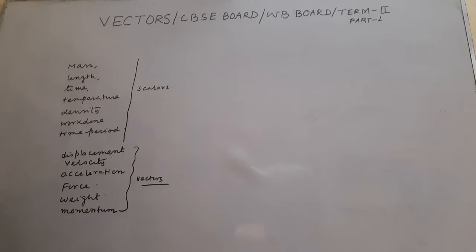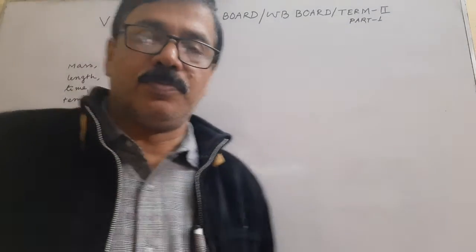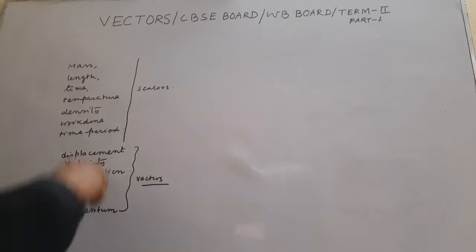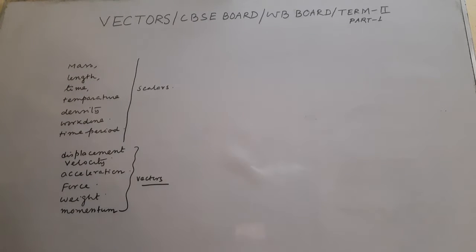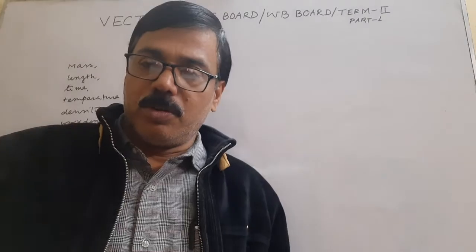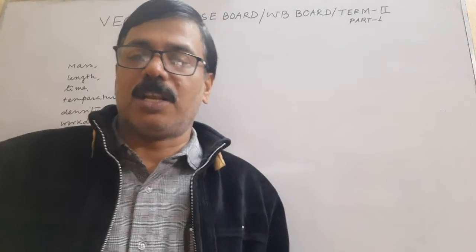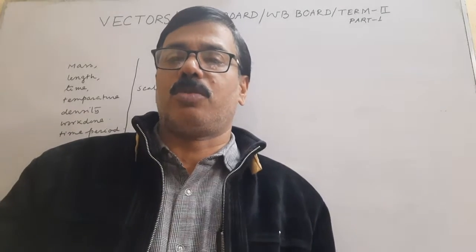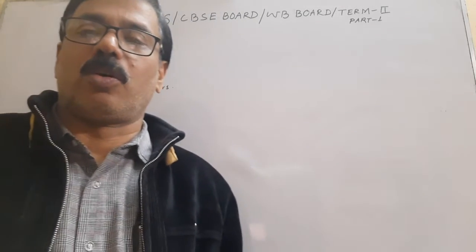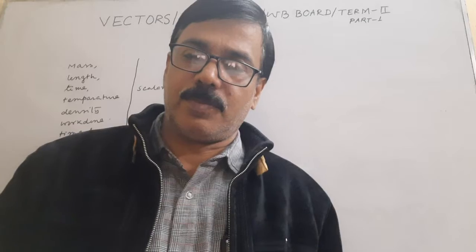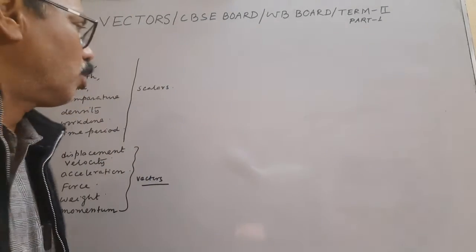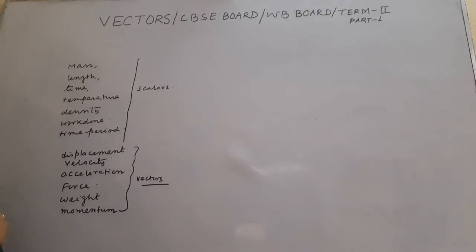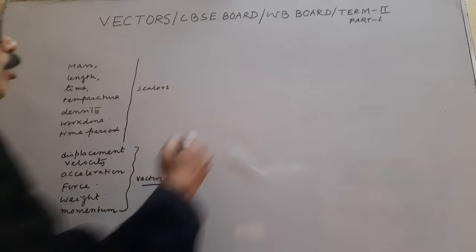They are represented by their magnitude only. So, you know, the physical quantity which is represented by magnitude only is called a scalar.